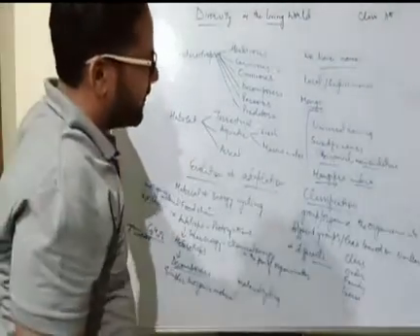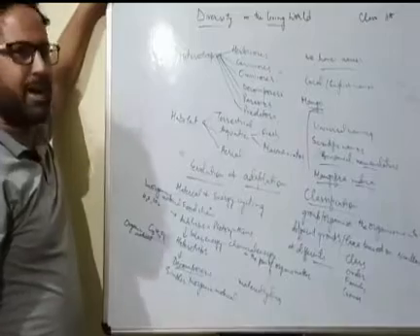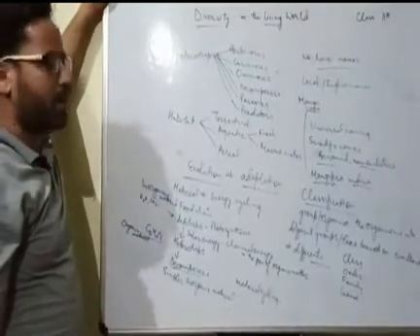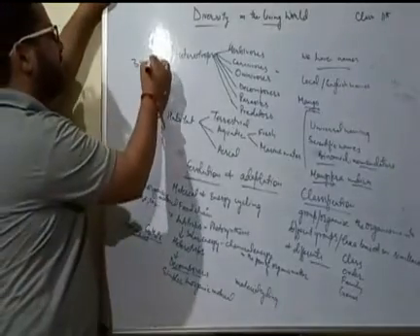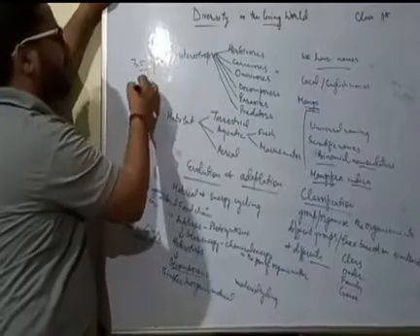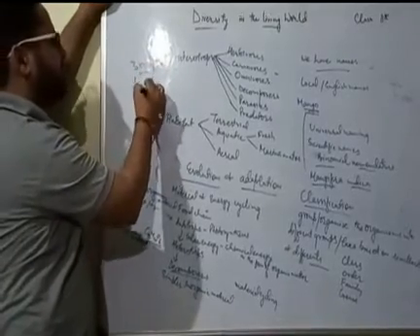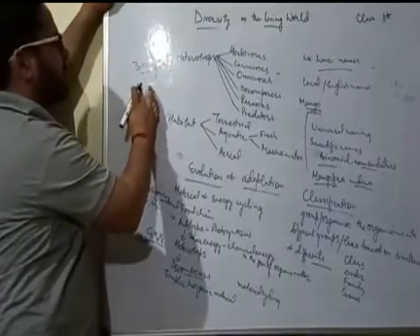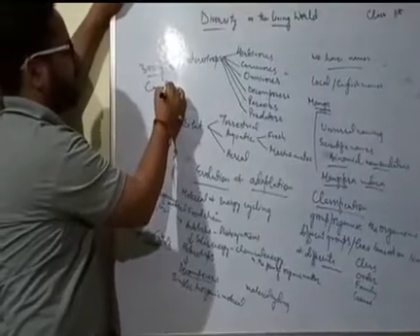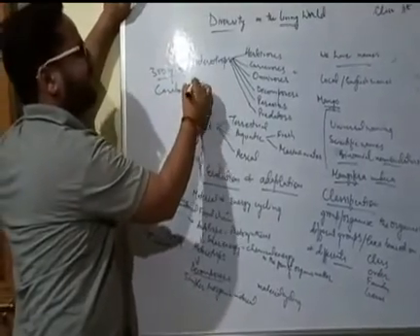The first fruitful attempt to classify the organisms was made 300 years ago by the father of taxonomy known as Carolus Linnaeus.